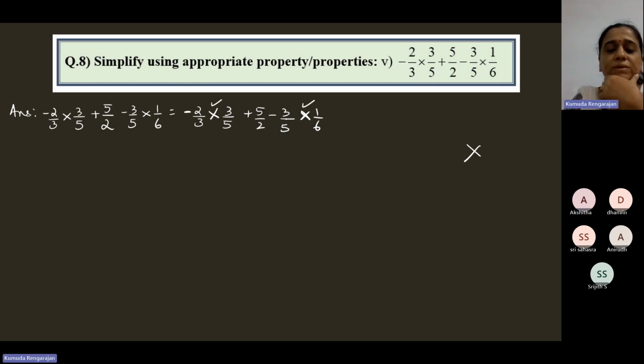Before the equal to sign, how many multiplication signs do you see here? 2. Yeah. Now, before this multiplication sign, there's minus 2 by 3. Start the bracket there. After the multiplication sign, there is 3 by 5. Close the bracket there.